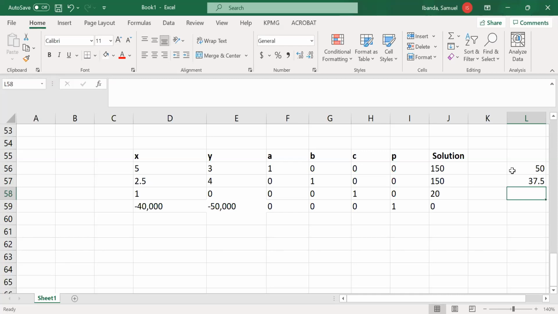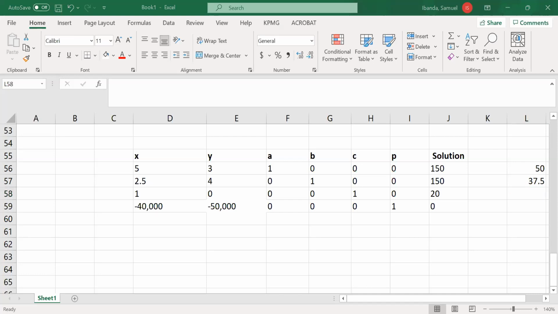And of course, 20 divided by 0 is something very huge, so it gives you infinity.